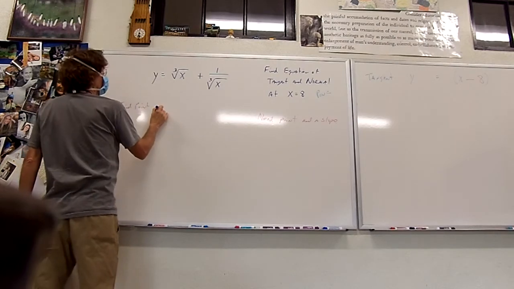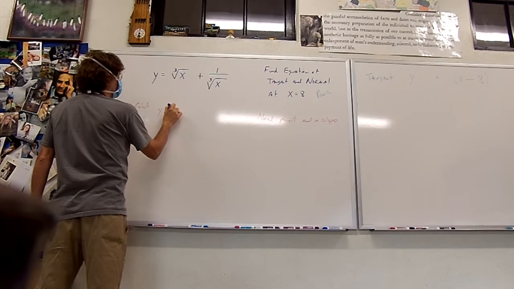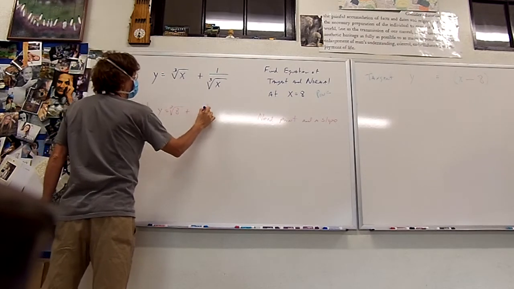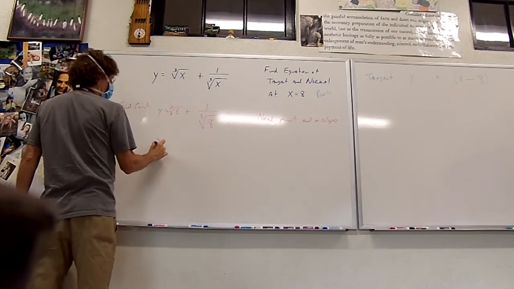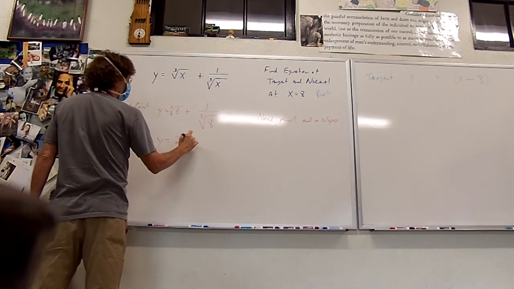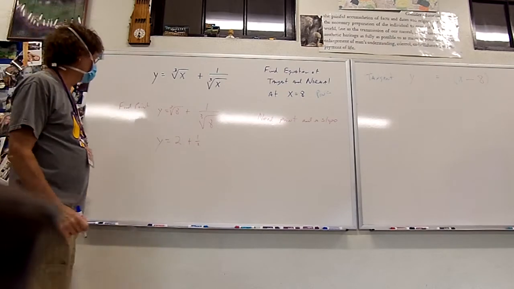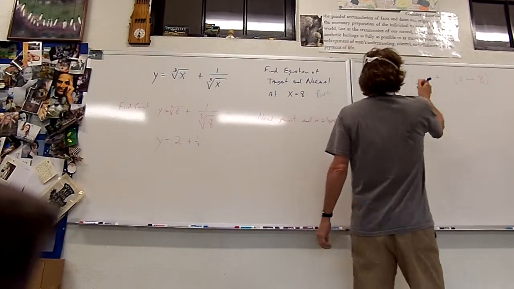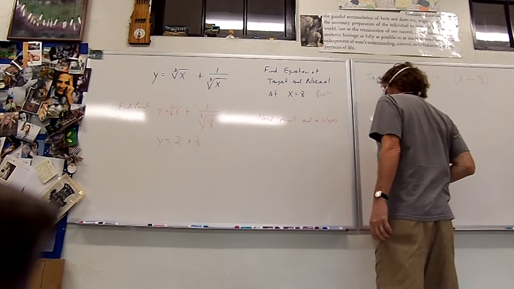Well, y equals cube root of 8 plus 1 over the cube root of 8. So y equals 2 plus 1/2, 5 halves. Don't you dare write a mixed number or a decimal.